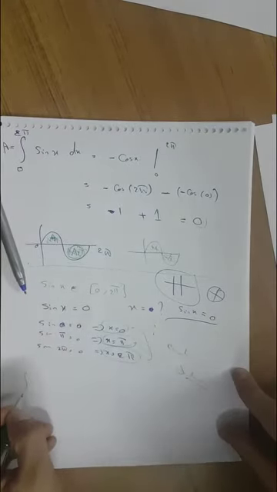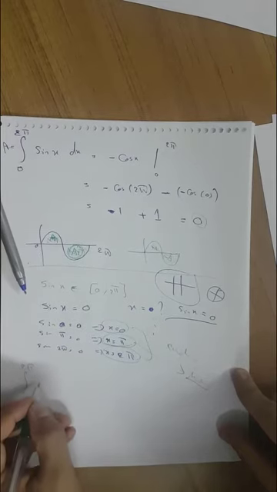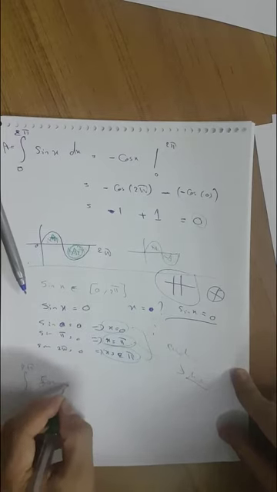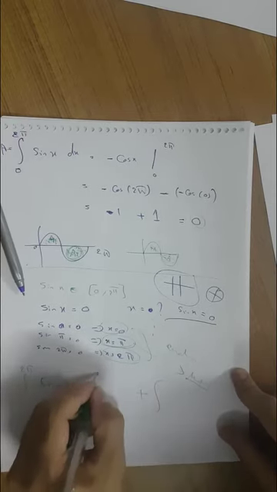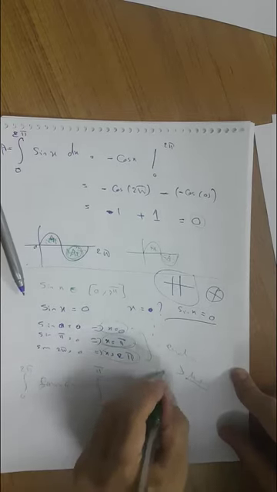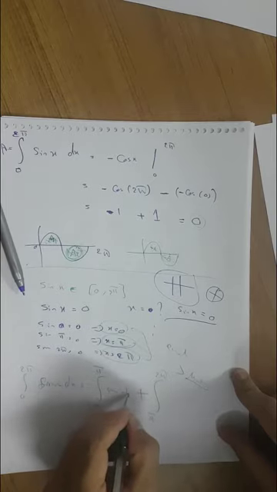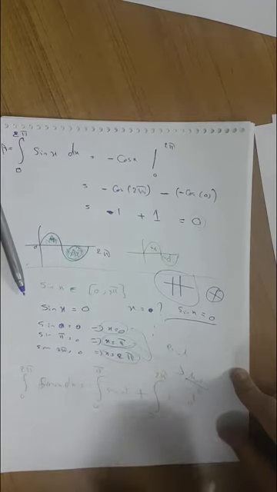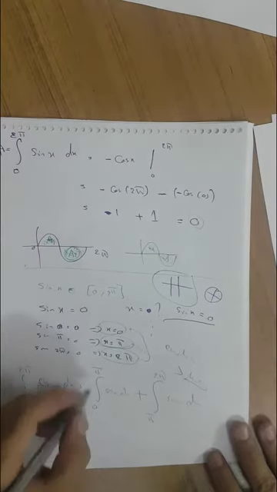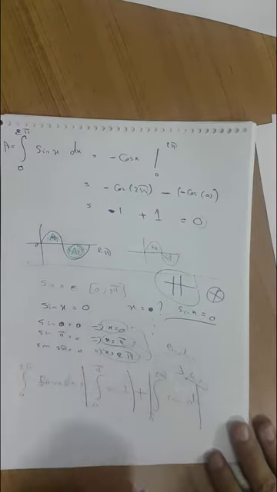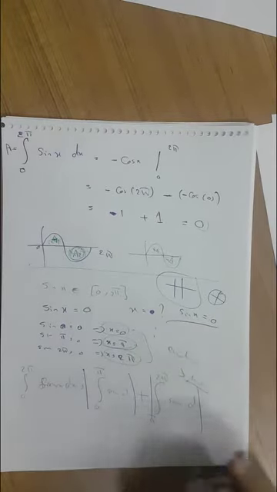How? We say the integral from 0 to 2 pi of sine of x dx. We will change it using additivity: 0 to pi, and pi to 2 pi, sine of x dx. After changing this, we need to find the absolute value. If I get a negative value, I change it to a positive value.